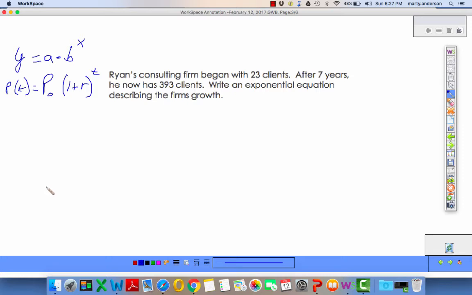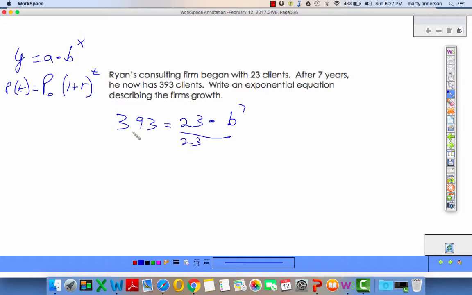It says write an exponential equation describing the firm's growth. He now, after 7 years, has 393 clients. That's my population at time t. He started with 23 clients. I'm just going to do this as b to the 7th. Do we know how to solve an equation like this?